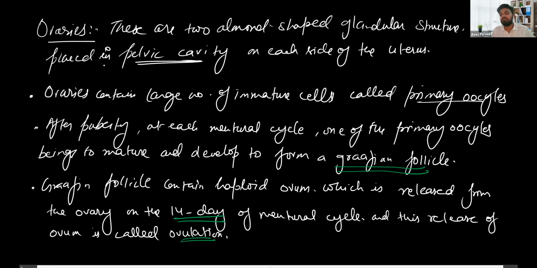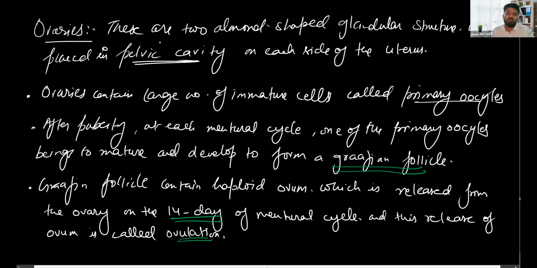Ovaries are almond shaped. Almond means these are like the almond. Shaped glandular structure. Why glandular? Because it has the capability to secrete something, right?